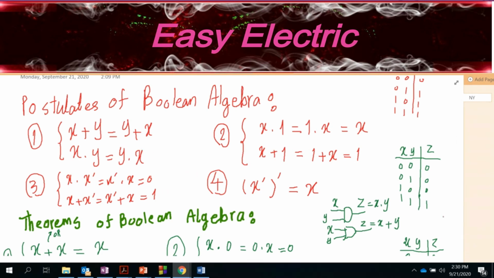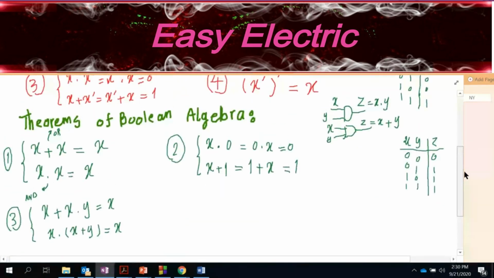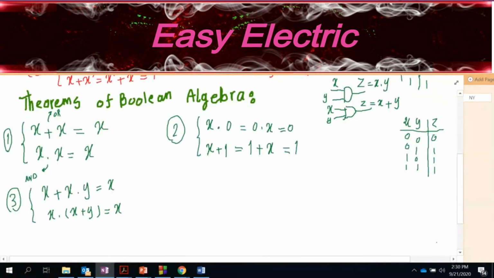So back to the theorem, which is the third one, what I already mentioned in the postulate, which is x or x and y is x, and x and x or y is x. Again, there is a proof for that in the book, but we use what you see in the notes. So this is number 3. So number 4 is again somehow obvious.